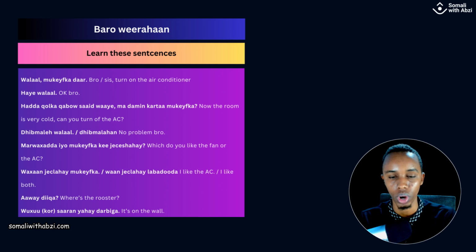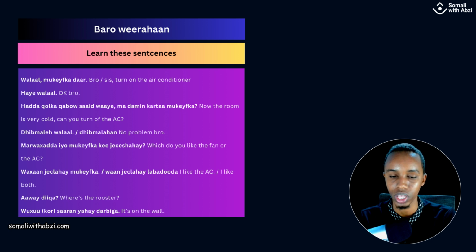For example, marwaxadda iyo mukayfka kee jeceshahay, you can say, I like both, waan jeclahay labadooda, waan jeclahay mukayfka, or waan jeclahay marwaxadda. If you're going to explain more, go with waxaan. Waxaan jeclahay mukayfka sababtoo ah mukayfka waa qabow fiican, because the AC is very good and cold, like that. So if you're going to explain much, go with waxaan, otherwise one very short answer.